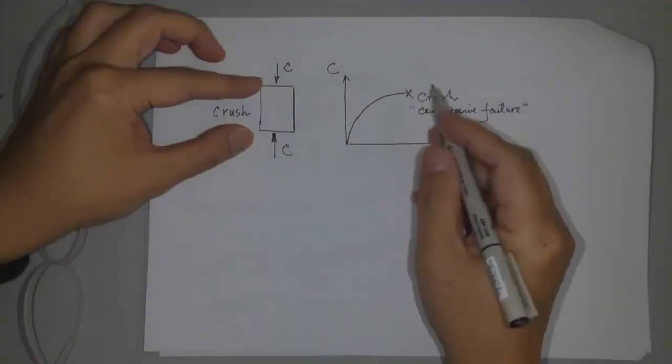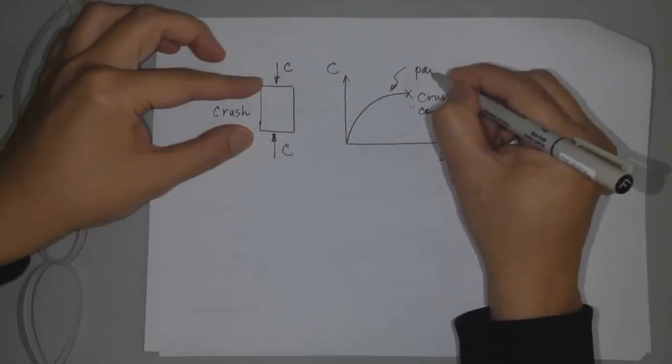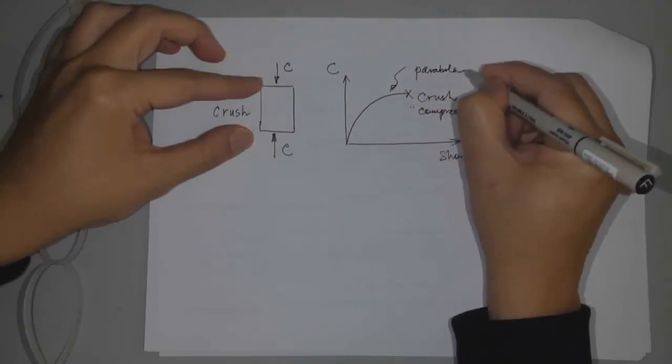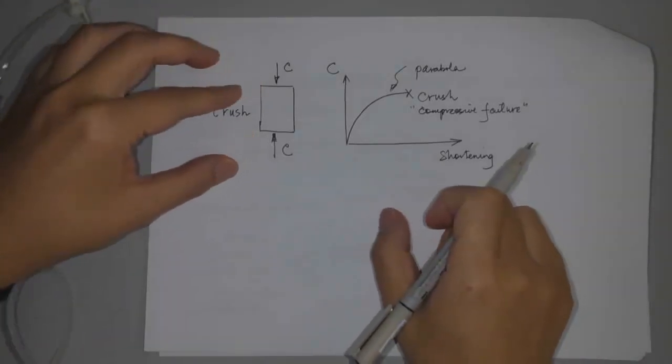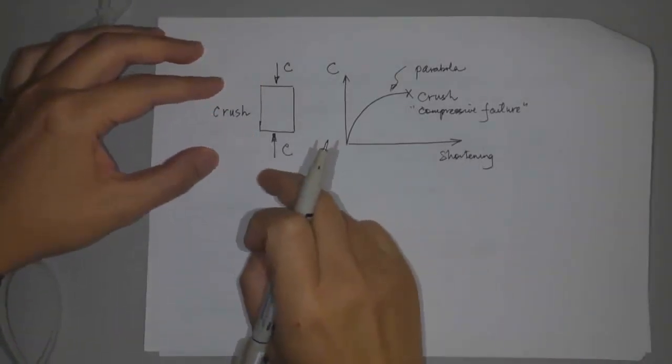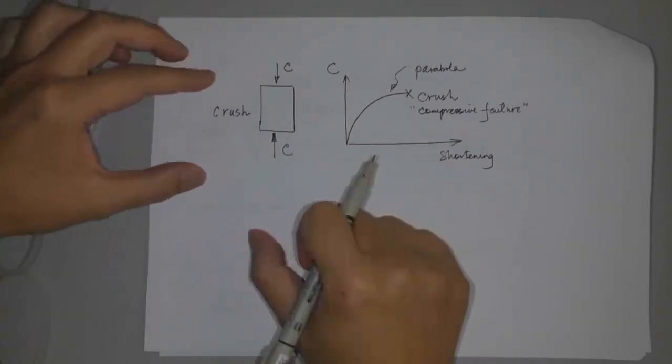So obviously this is not a straight line. It's a sort of parabola. Okay, so that's what happens if you try to compress a piece of concrete.